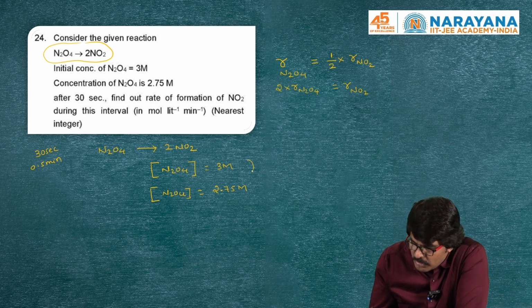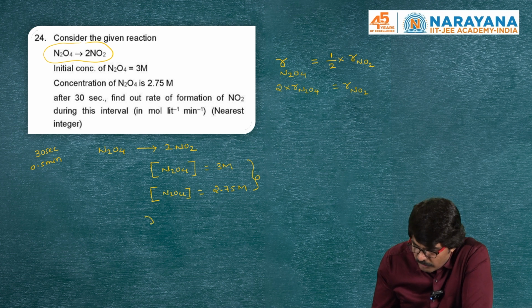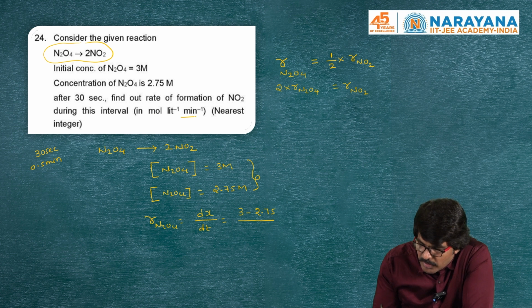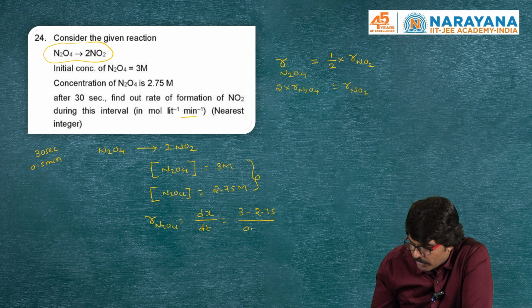And here the change in concentration. Let me find the rate of N2O4, that is change in concentration by change in time period. Change in concentration is 3 minus 2.75, by, but here the required units are minute inverse, therefore 30 seconds, which is equal to 0.5 minutes. So that is 0.25 by 0.5, which is 1 by 2.